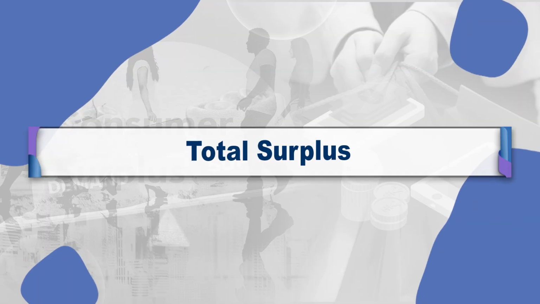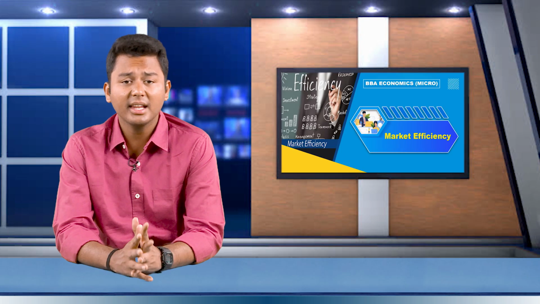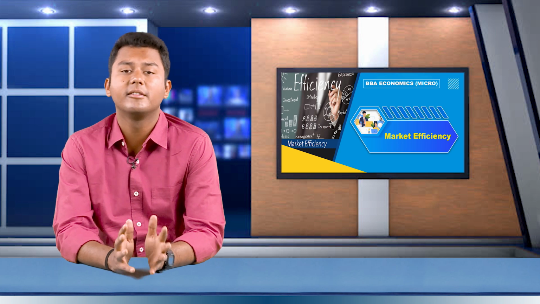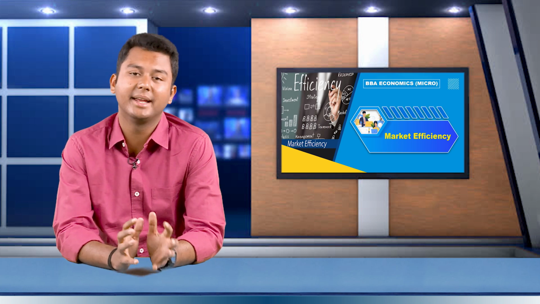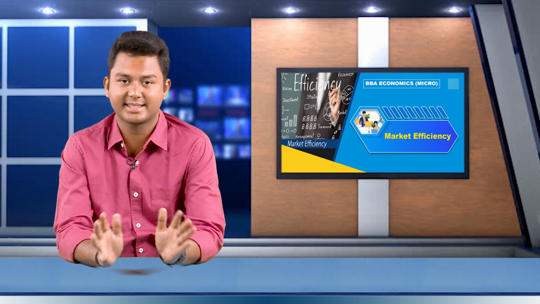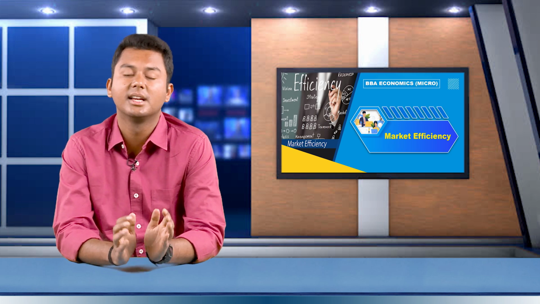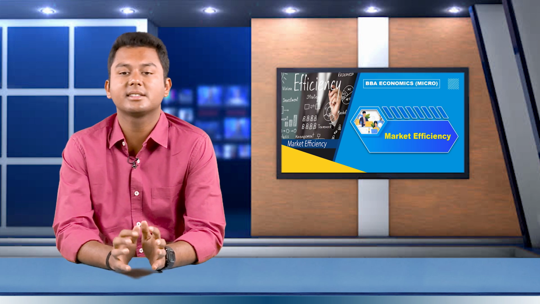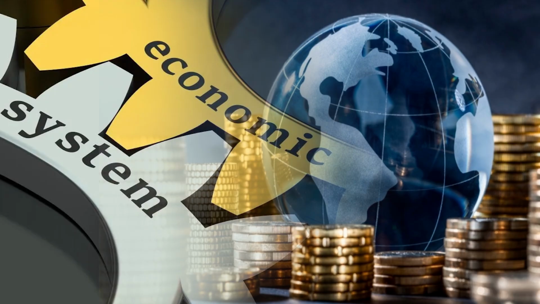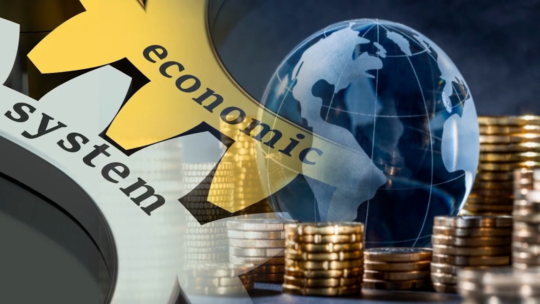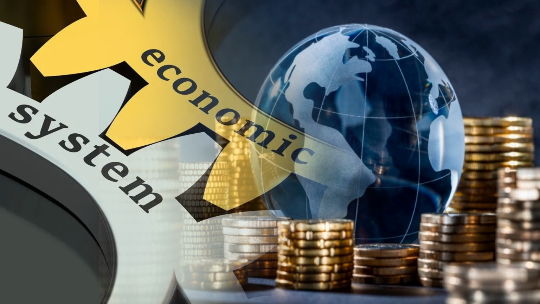Moving on to the next concept of total surplus. In evaluating market outcomes, we introduce the concept of a benevolent social planner to establish this concept of total surplus. This benevolent social planner serves as a hypothetical figure aiming to maximize the economic well-being of the society as a whole.